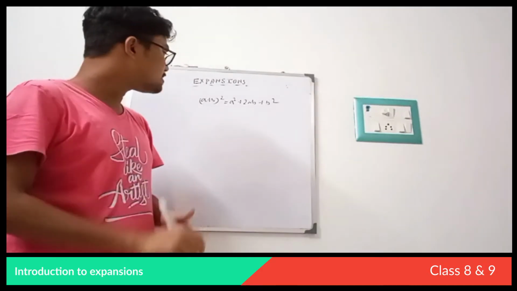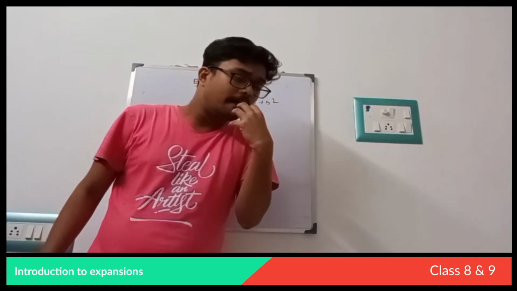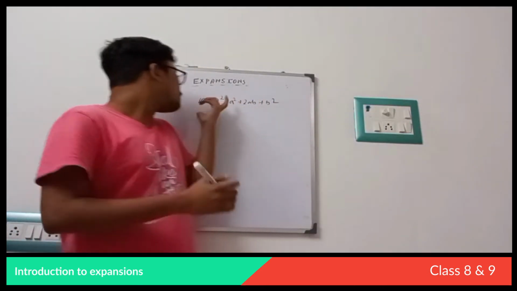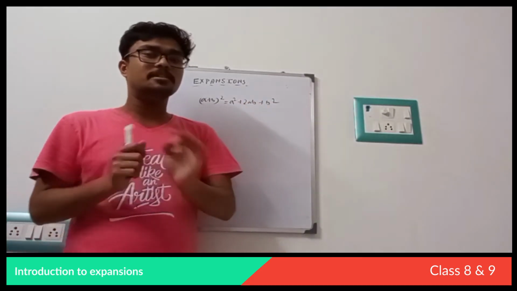So now the question arises: do we have to mug up all the formulas, or can we derive this formula, a plus b whole square equal to a square plus 2ab plus b square?